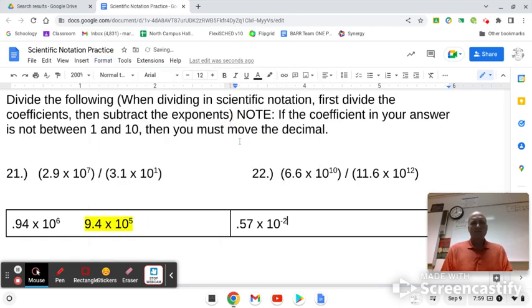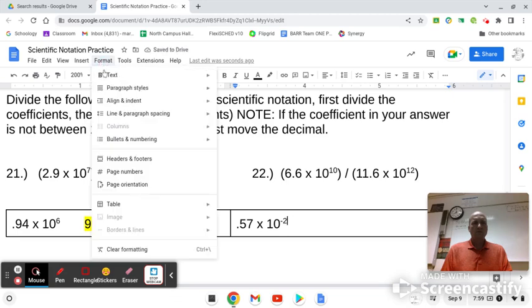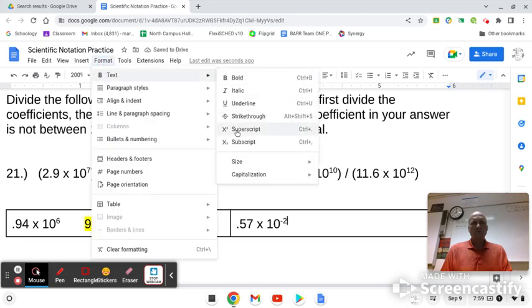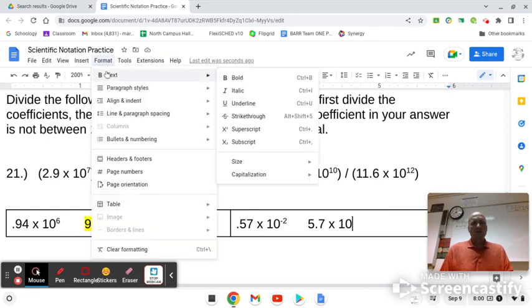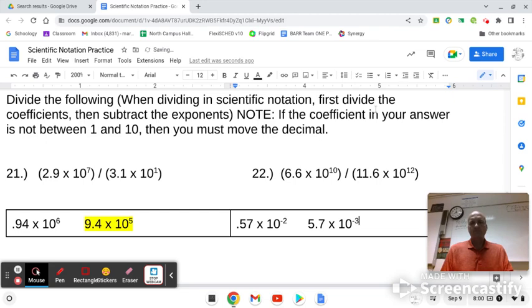Negative 2. Notice how the number in front is not between 1 and 10, so that's 5.7 times 10 to the, because I had to move to the right, the exponent goes down 1. It's going to be negative 3. All right, then I'll highlight my best answer.